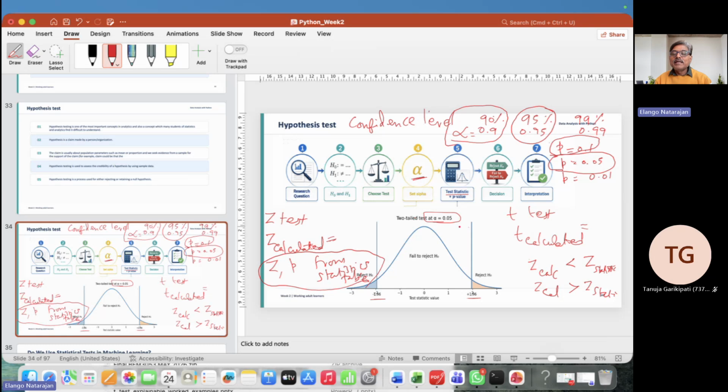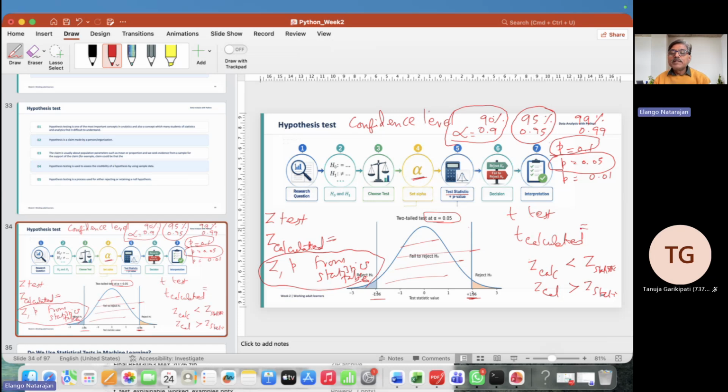Whatever it is, this is your reject area and this is your accept area. That means when you are calculating your t calculated, if the t calculated value is less than 1.96, your null hypothesis is accepted. So you accept your claim.